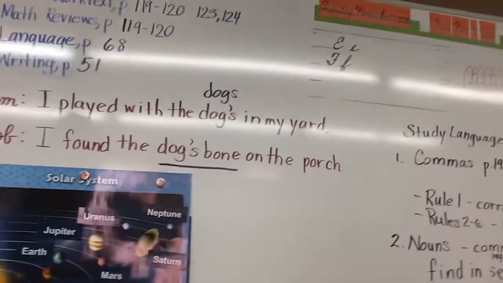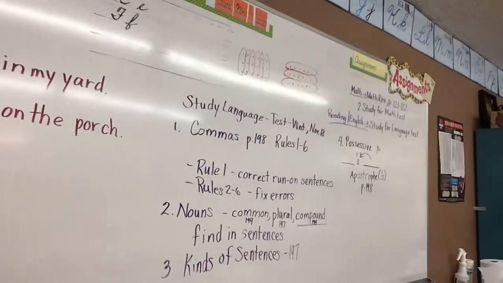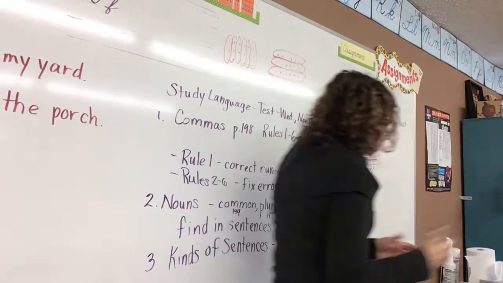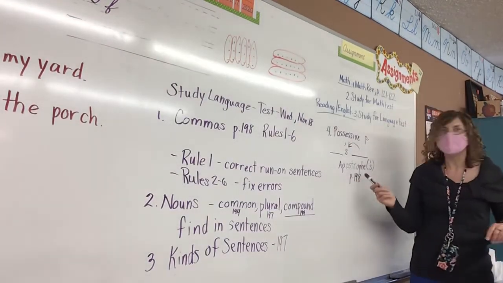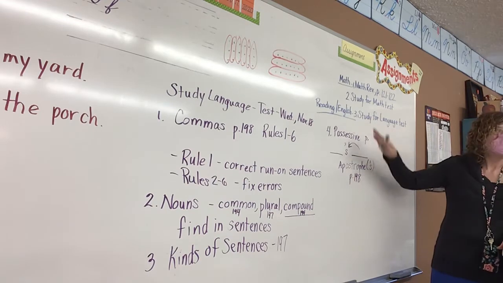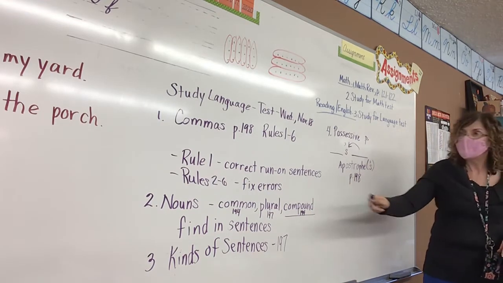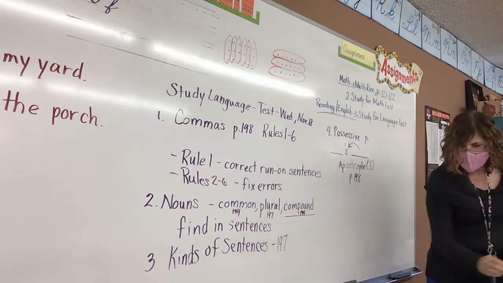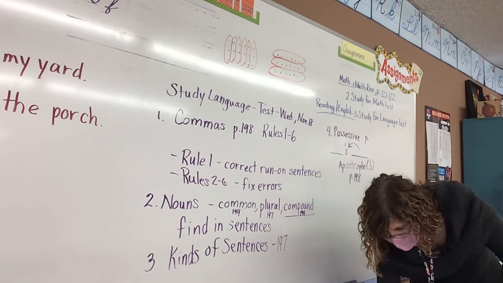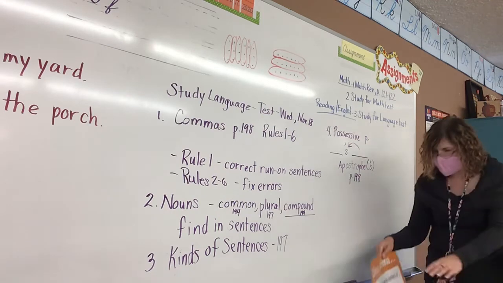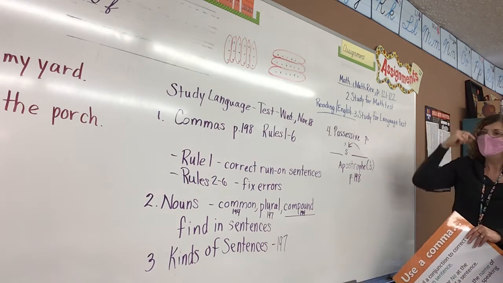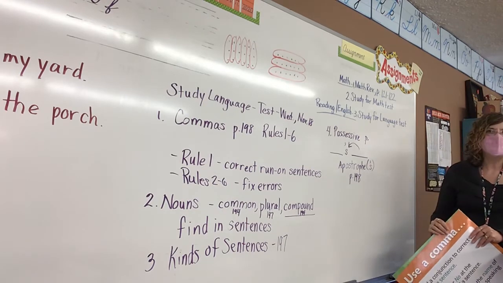Alright, I'm going to show again the study guide, just in case you didn't finish doing the study guide. Alright, how many of you need more time to write this? How many of you are over here though? If you are still over here, you need to write this faster. Okay. Write faster. Alright, let me get the charts. I'm just gonna do two charts because commas are on this test, and then kinds of sentences are on this test.